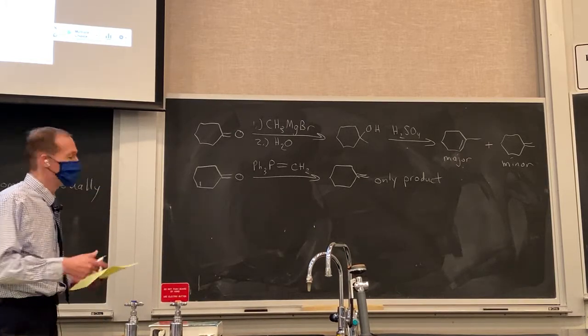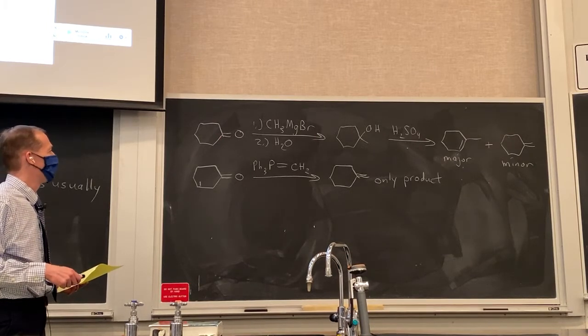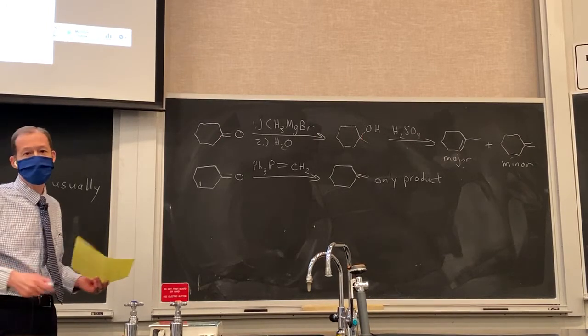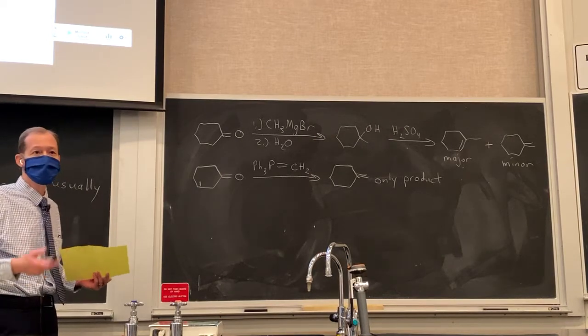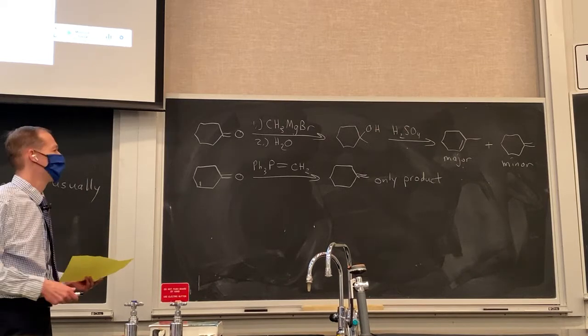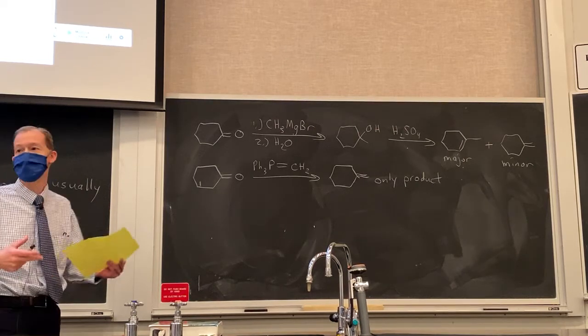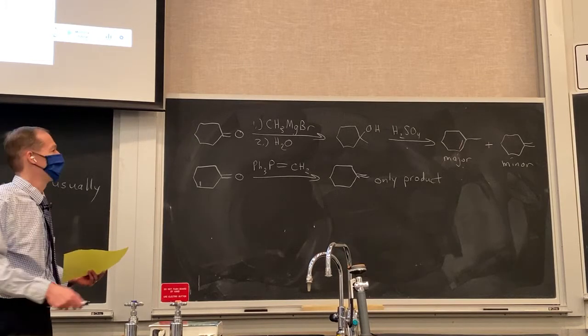So we could start with cyclohexanone. We could add a Grignard reagent followed by water, giving us this tertiary alcohol. Then we treat that tertiary alcohol with sulfuric acid. That's going to dehydrate, but we're going to get two products. We have the major product, the more substituted alkene, Zaitsev's rule. The minor product is over here.